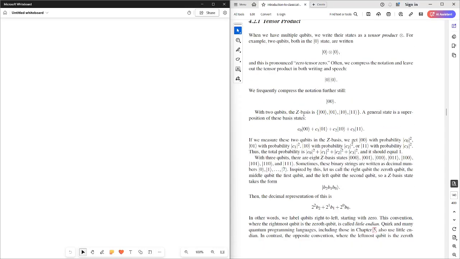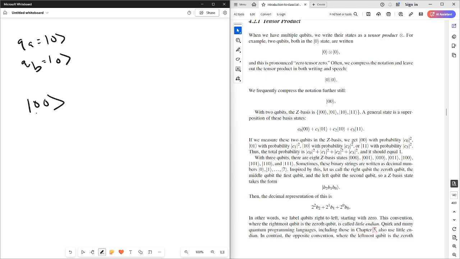Just a quick note on notation here. Let's say we have qubit A and qubit B that are both in state 0. We can write the states as 0, 0 together.